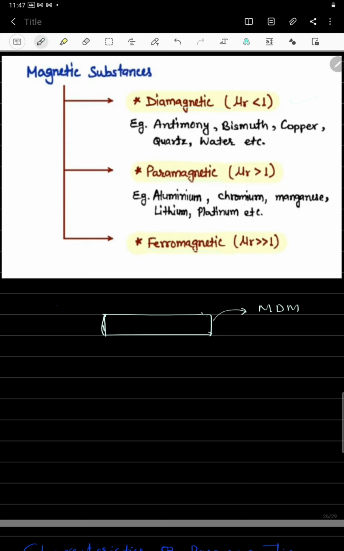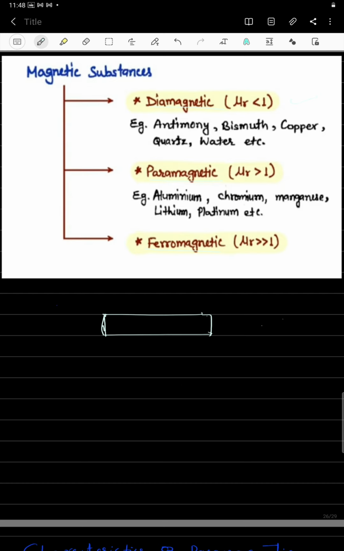So what is this MDM? MDM means magnetic dipole moment. If any material has this property, then we can say the material is a magnetic material.